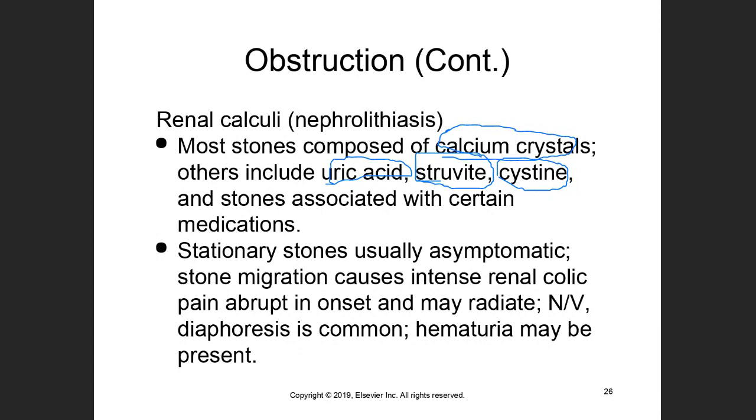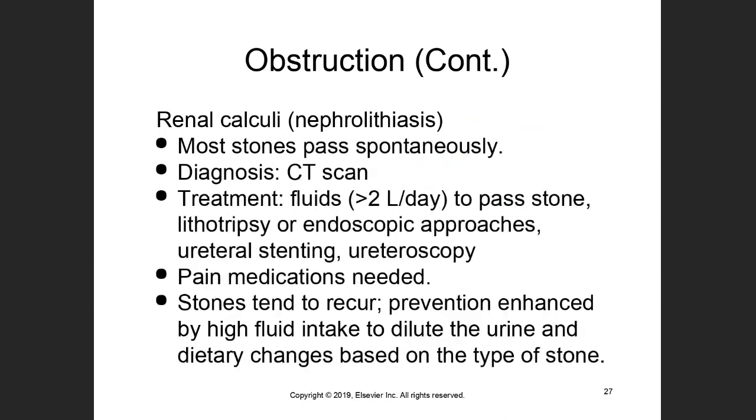Okay, and the common description when you have a kidney stone is that the pain starts in the lower quadrant and goes to the pelvis, and then you know that it is most probably a kidney stone.